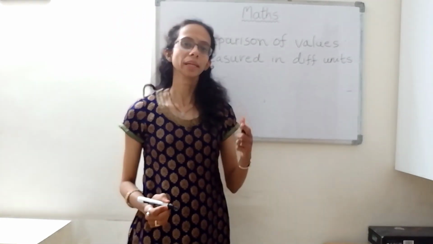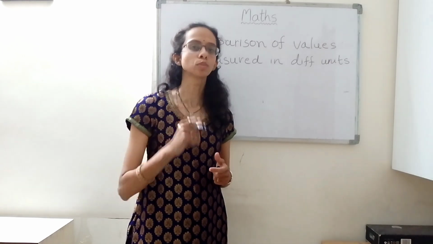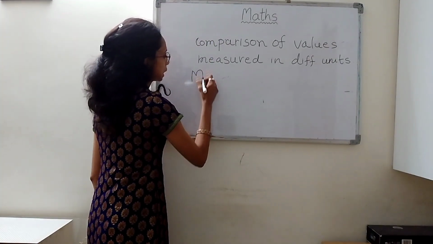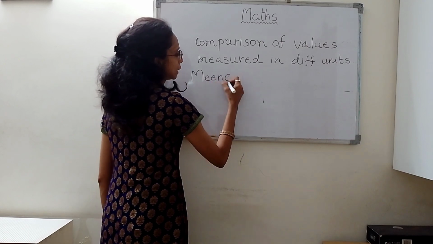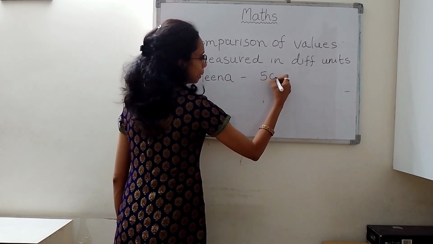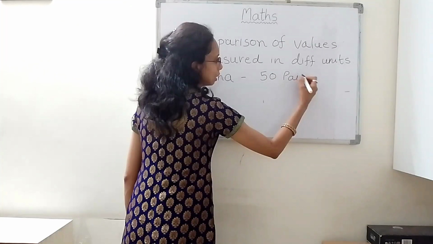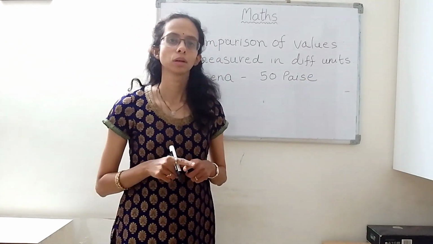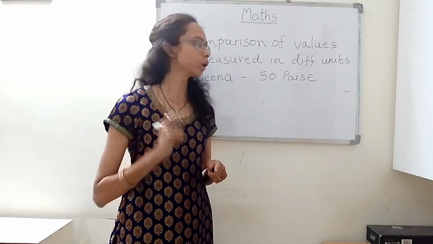Let's say Meena buys one small chocolate worth 50 paise. Meena buys a chocolate worth 50 paise. And Beena, her friend, buys a biscuit box.